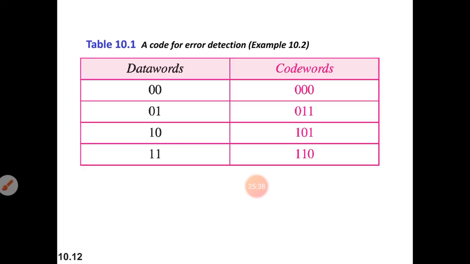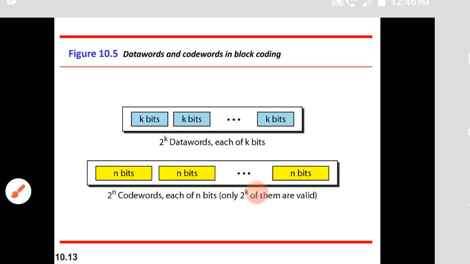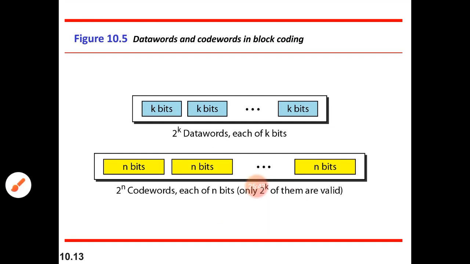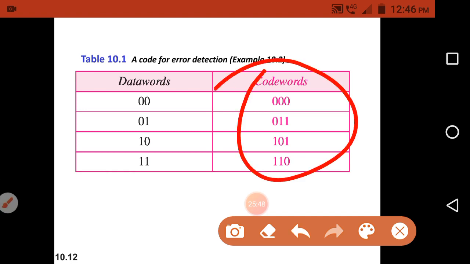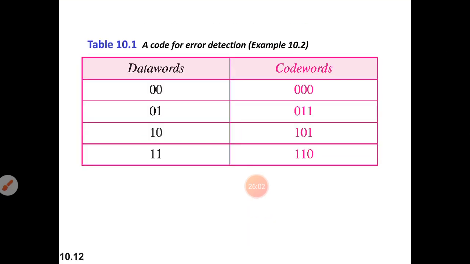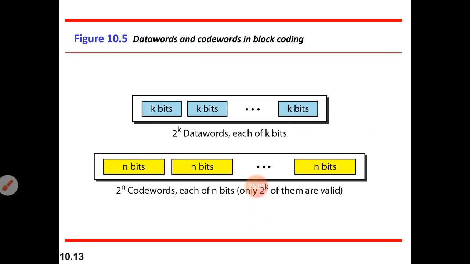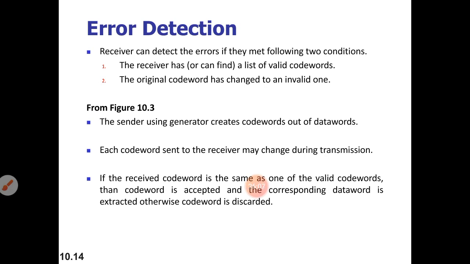The receiver must contain these valid code words. So whenever the receiver receives a code word from the sender, that received code word will be compared with these valid code words. So that is the list of valid code words that should be present at the receiver side. Okay, so these are the two conditions.